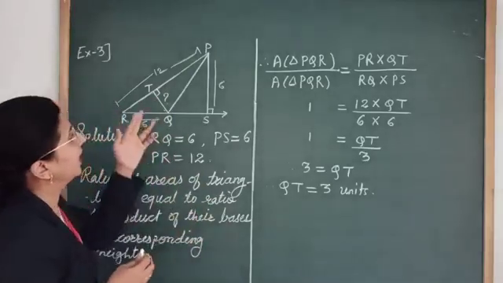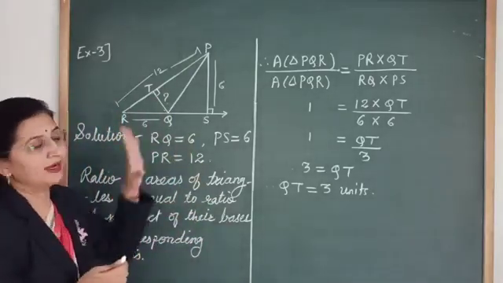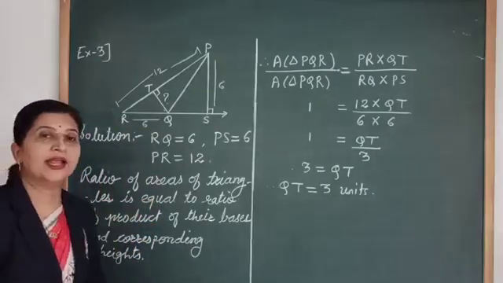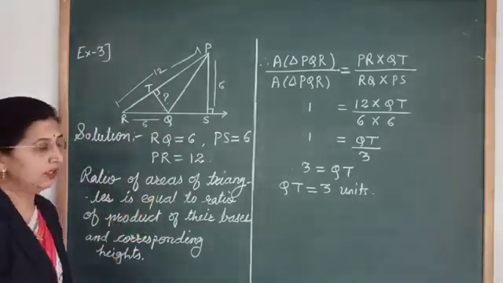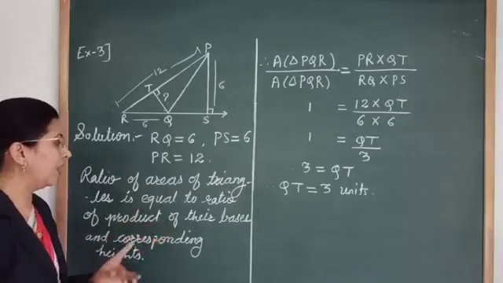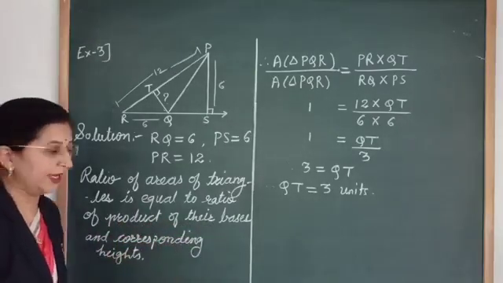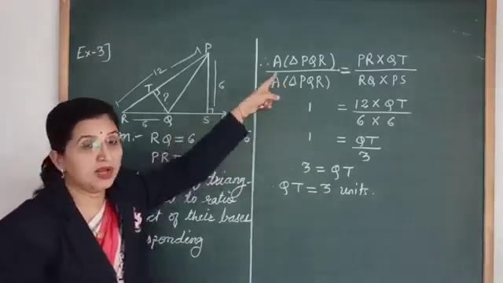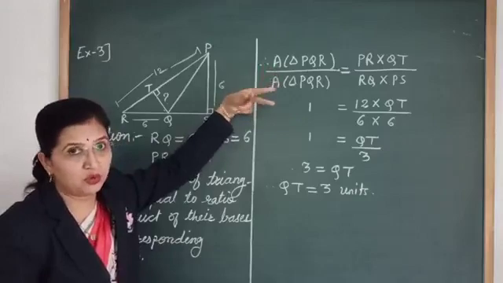Okay. Now triangle PQR upon triangle PQR. Okay. So here we know that the ratio of areas of triangles is equal to the ratio of the product of their bases and corresponding heights. So here we will take the same triangle, because for the same triangle we have two heights and two bases.